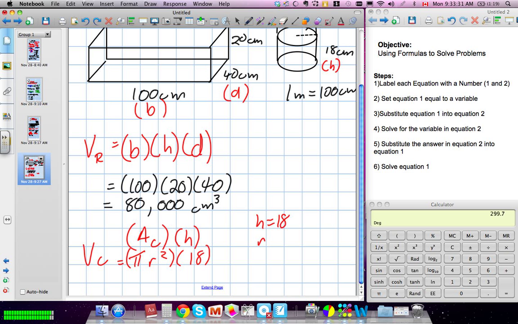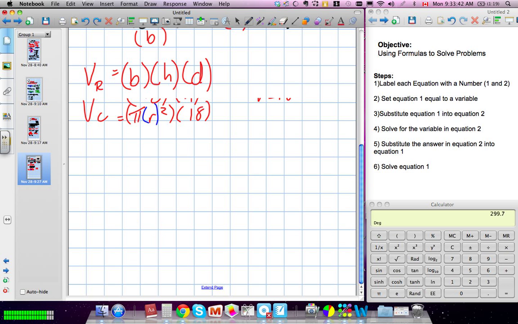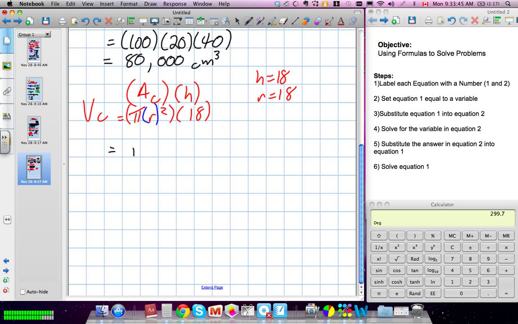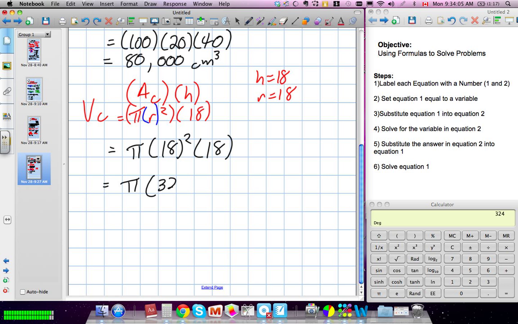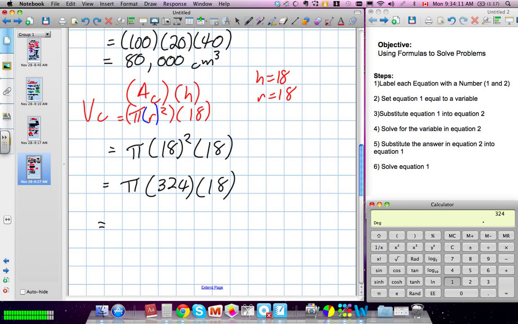So in this question, we're going to have volume of a cylinder is equal to pi times 18 squared multiplied by 18. We'll try to do this in a few steps. 18 squared is 324. Times 18. 324 times 18 is pi times 5,832.